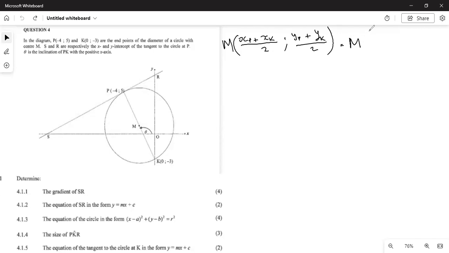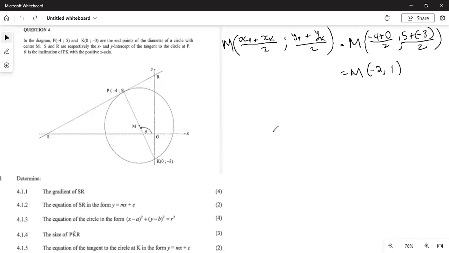And we get that M is (-4 + 0) over 2, (5 + -3) over 2, and that will give us -2 and 1.